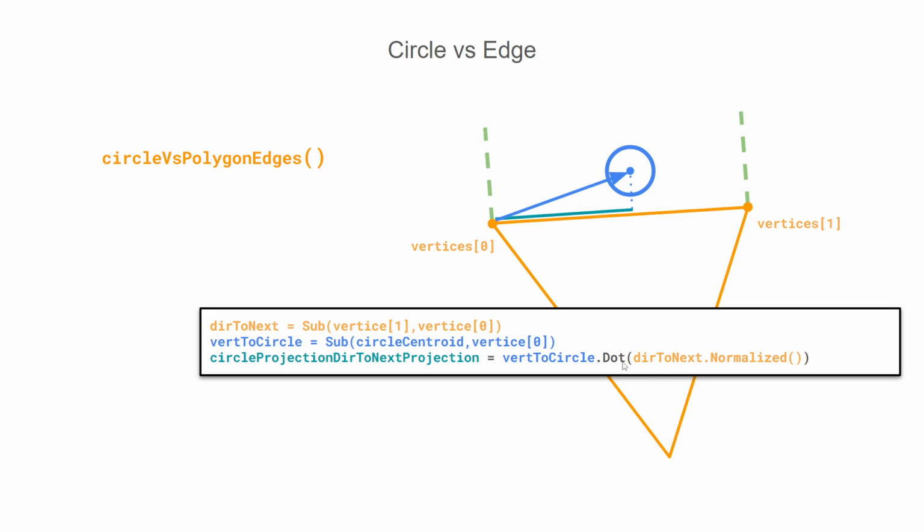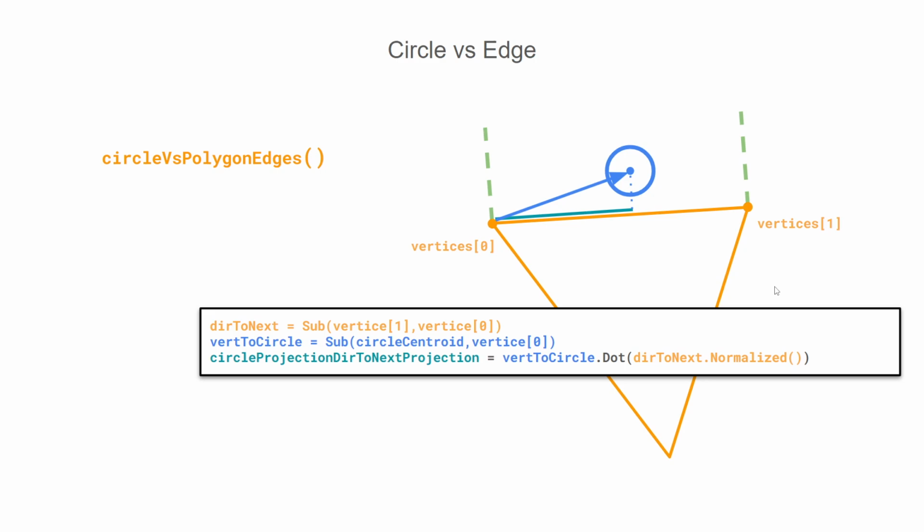And then we take the dot product with the vertice to circle. So we are making a dot product with this vector, with the normalized direction vector from this vertice to this vertice. And then we get the circle projection direction to next projection. Okay, and this is the projection value, basically. And with this one, we can see if the circle is in the right area or in a wrong area.